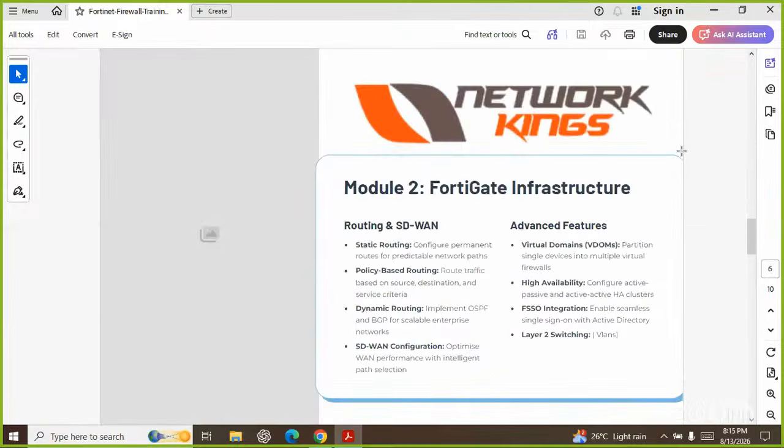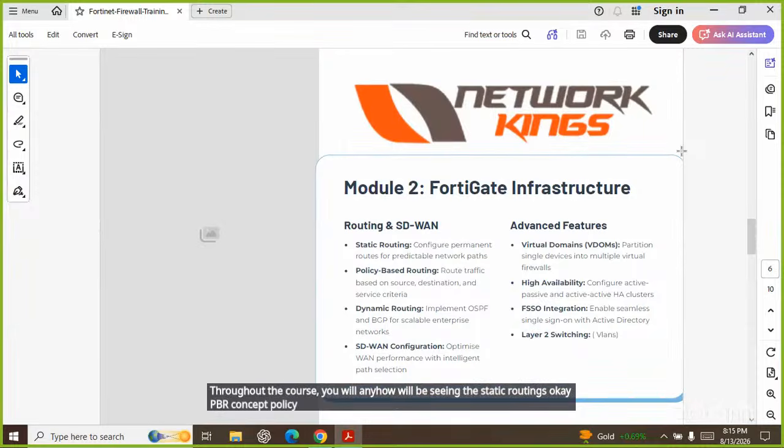Now, module 2, infrastructure, which covers the routing part, meaning the focus is on BGP and OSPF. Along with that, throughout the course, you will anyhow be seeing static routing, okay, and the PBR concept, policy-based routing. Okay, we will also learn and see SD-WAN, which is a feature in the FortiGate firewall.